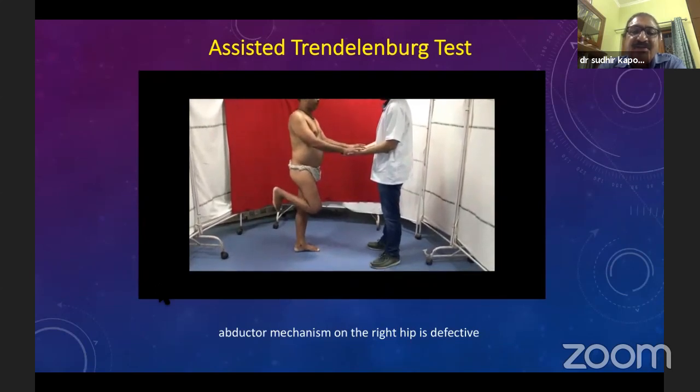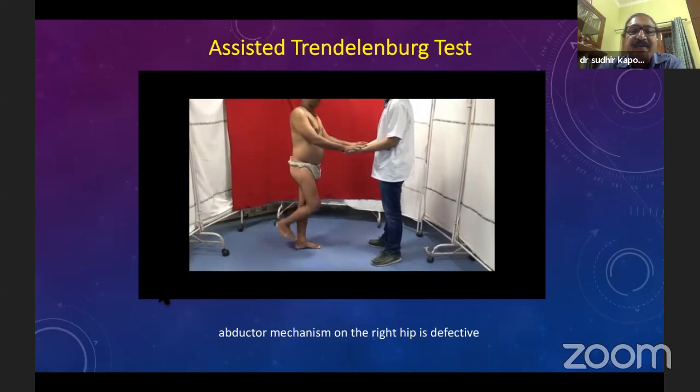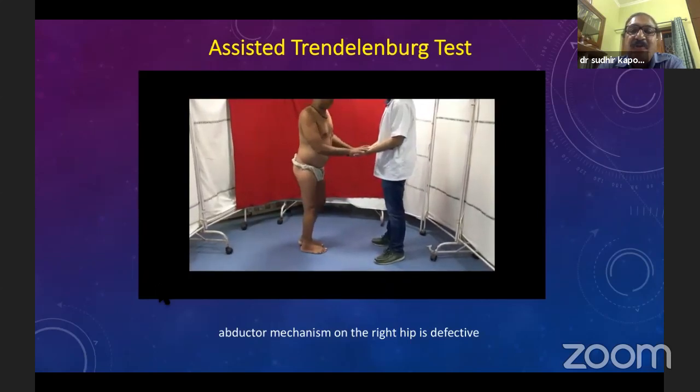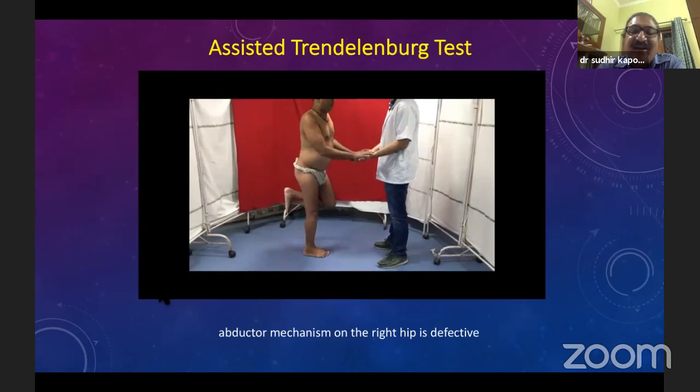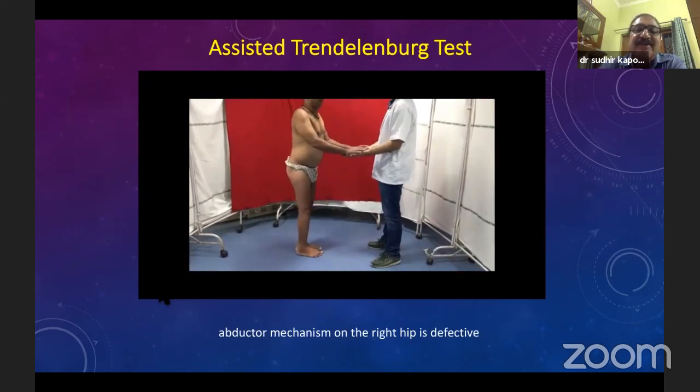The moment we ask him to stand on the affected side, that is the right side, he puts extra weight with the help of his left hand on the clinician's right hand, and only then is he able to stand. Please notice that the patient is putting extra weight on the clinician's right hand with his left hand. This is the assisted Trendelenburg test.